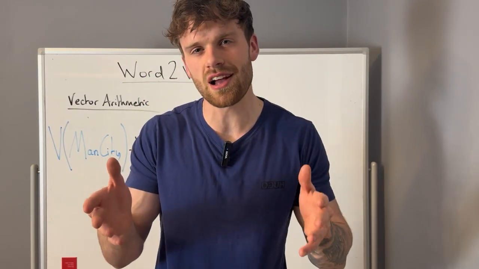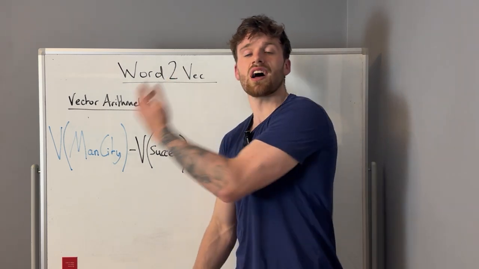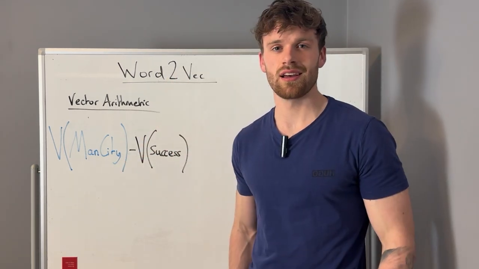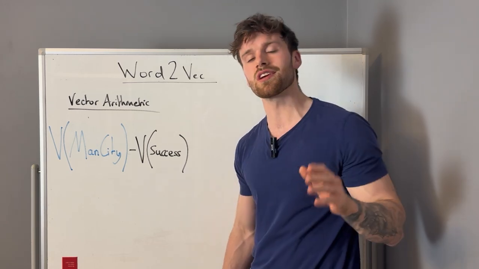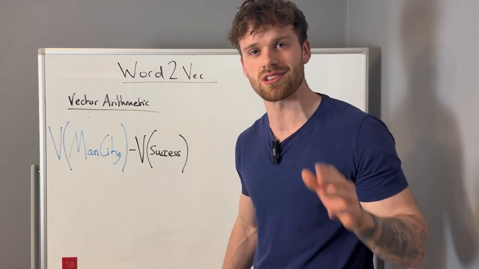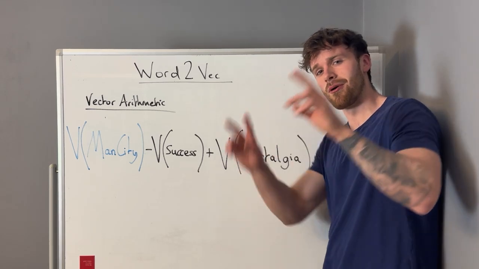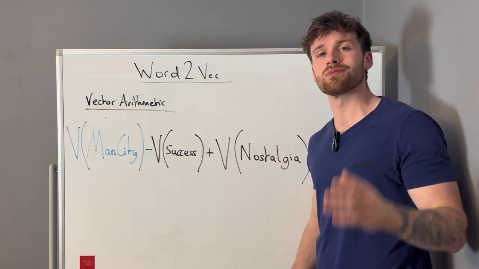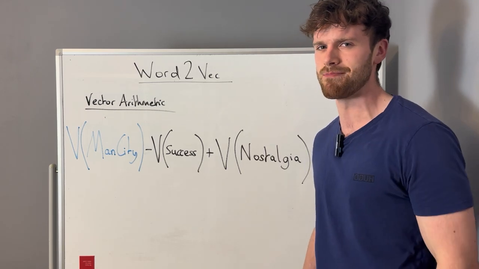We can prove that vectors hold meaning with vector arithmetic. We start with the vector for ManCity. Then we subtract the vector for success, removing the component of recent dominance and trophies. Then we add the vector for nostalgia, or past glory. Learn from the text about a historically great but currently inconsistent team.